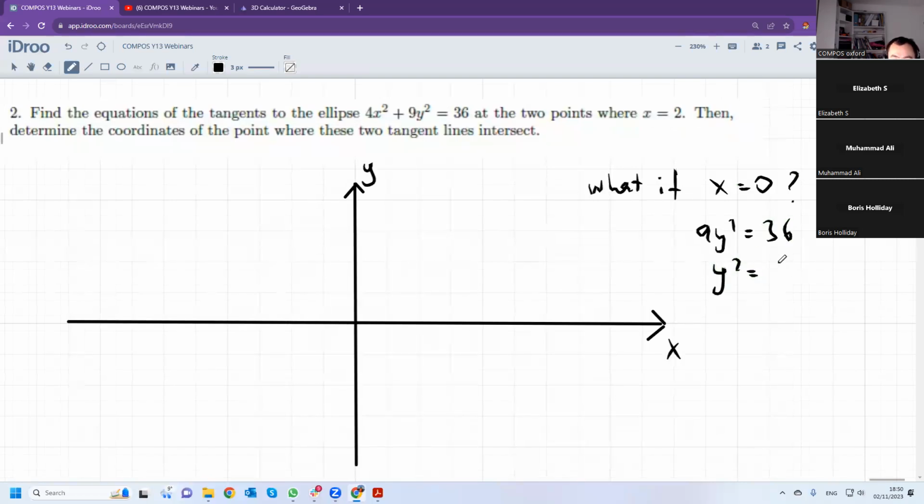So y squared is equal to 4. So y is plus or minus 2. So if x is 0, y is 2 or minus 2. Then I ask myself, what if y equals 0?